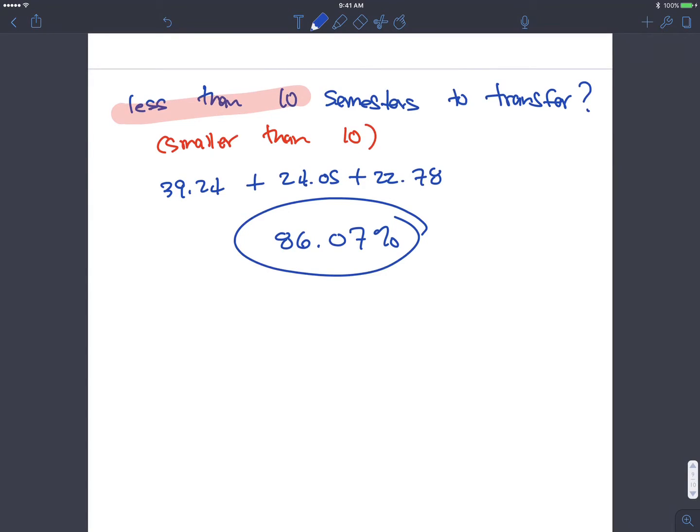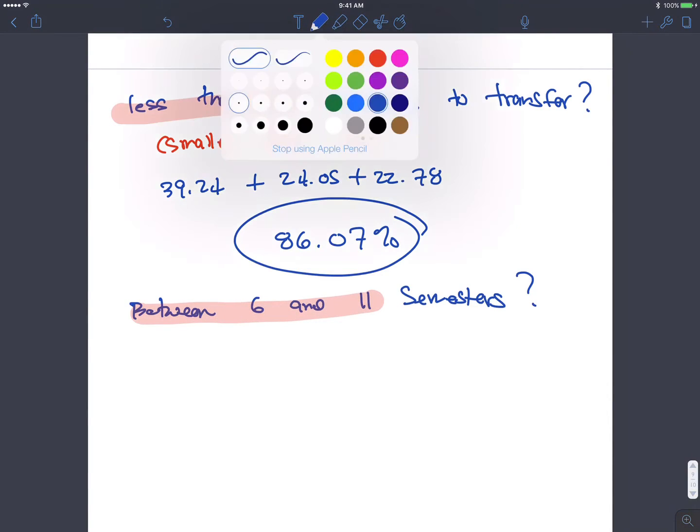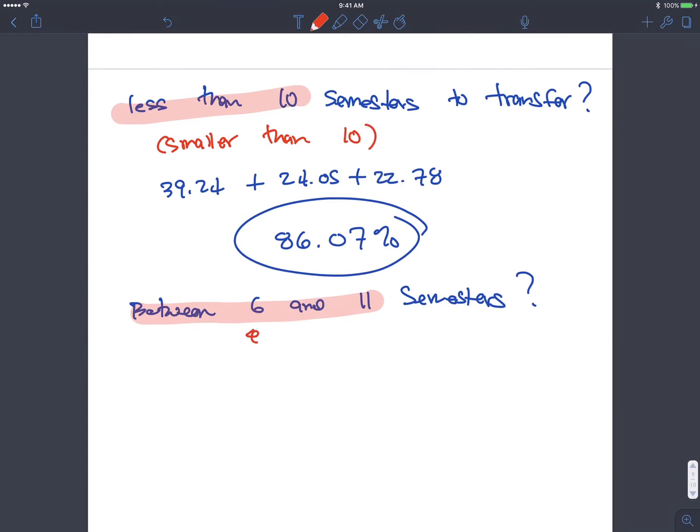And finally, what percent took between 6 and 11 semesters? Okay. Again, the key here is between 6 and 11. That means inclusive. Right? We include 6 and 11.